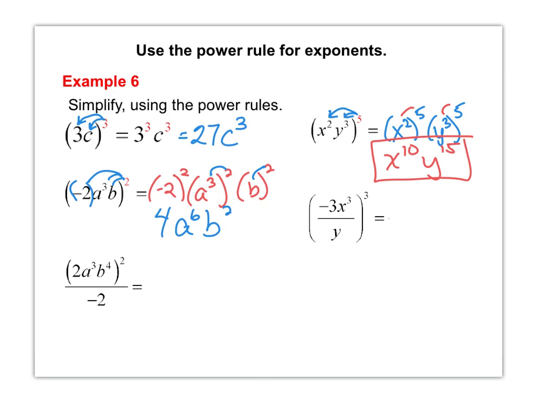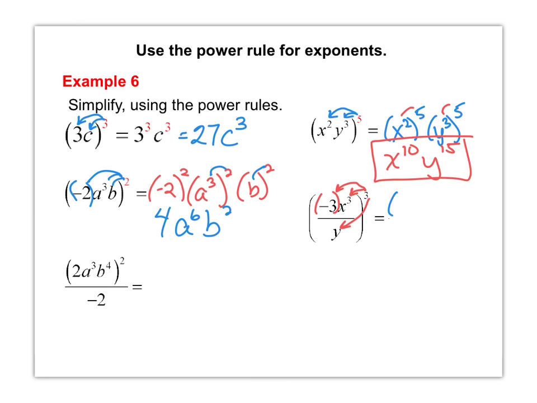In the fourth example on the right here, we have the quantity negative 3x to the third over y, all of it raised to the third power. We are going to use that power of 3 with all of the terms that are in the numerator and the denominator.